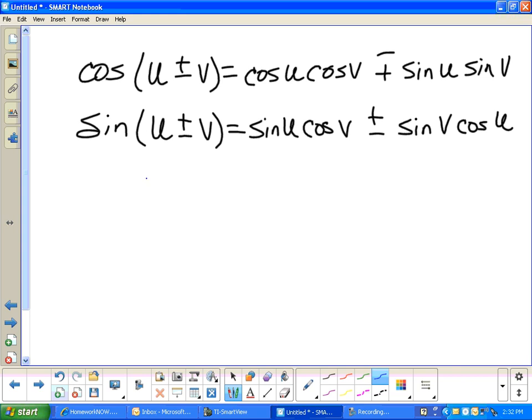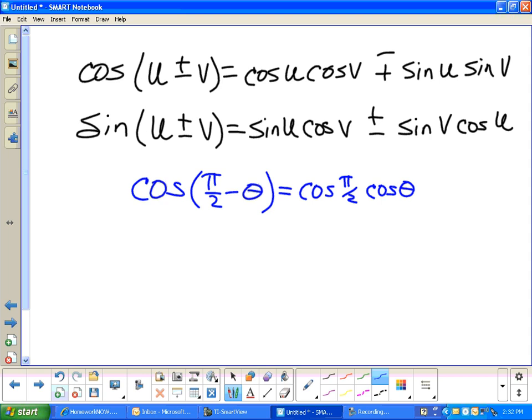So if you've got the cosine of pi over 2 minus theta, the formula says that this is, using the cosine formula, cosine pi over 2, cosine second term, which is cosine theta, reverse the sign, plus sine pi over 2 sine theta. And that's just what the formula says.